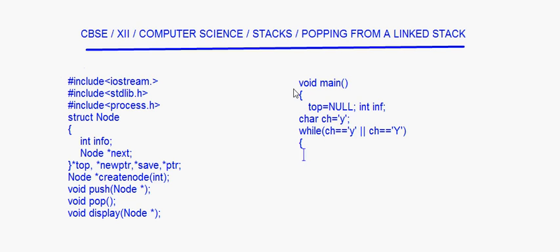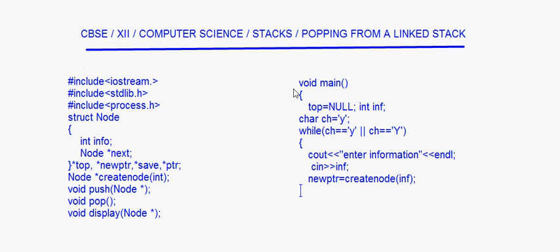Okay, now let's look at this. First of all, we say enter information for the new node, right? This information is taken in here inf, right? After that, the new node is created. New PTR is equal to create node. Here I have written the function as create node, and inside this you pass this inf, right?